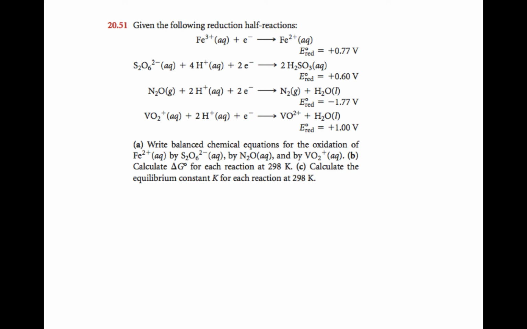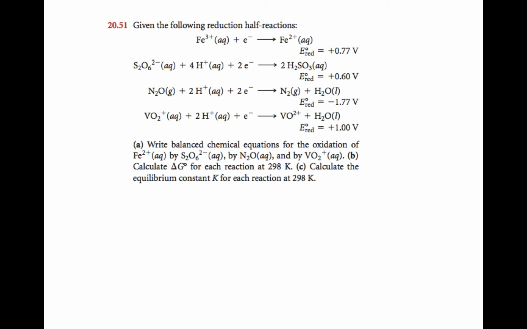Given the following reduction potential half reactions, right, so they're giving us voltages here in these half reactions, write the balanced chemical equations for the oxidation of iron 2 plus by S2O6 2 minus. I don't know what that is, an anion that obviously is a strong oxidizing agent, right?